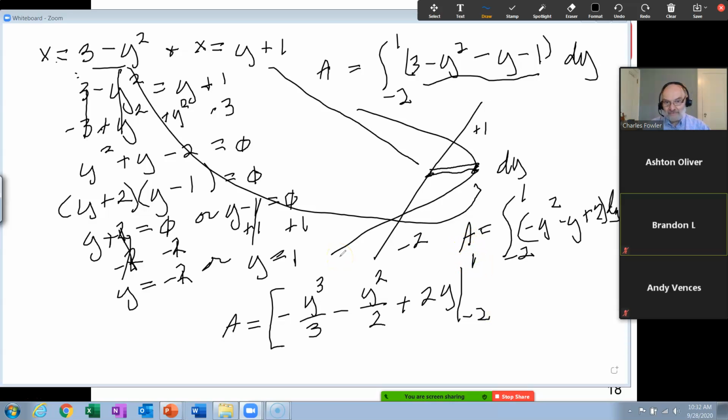Okay, the rest is algebra. A little messy, but still good. Here it'll be a minus 1/3, plugging in the upper limit, minus 1/2 plus 2. When you put 1 in for y. Now, we need to subtract when we're doing the minus 2. Well, a minus is going to be a plus, but then when you put a minus 2 and cube it, that will be a minus 8.